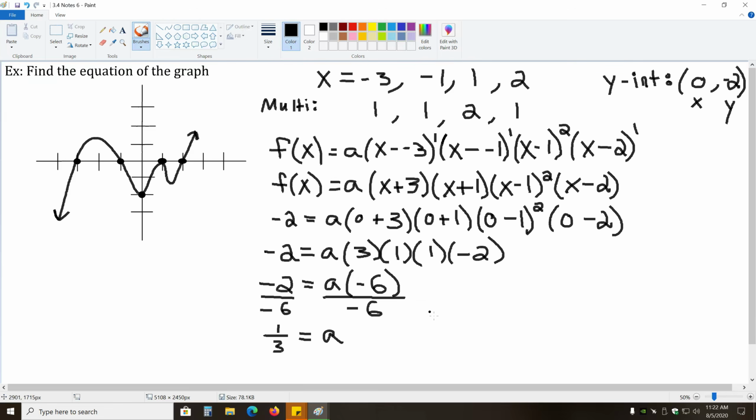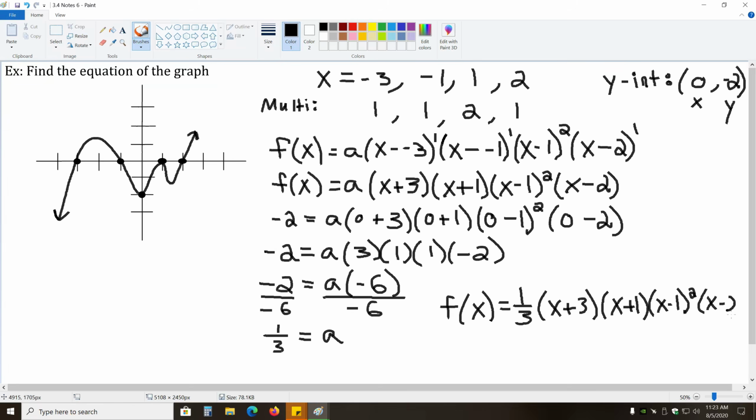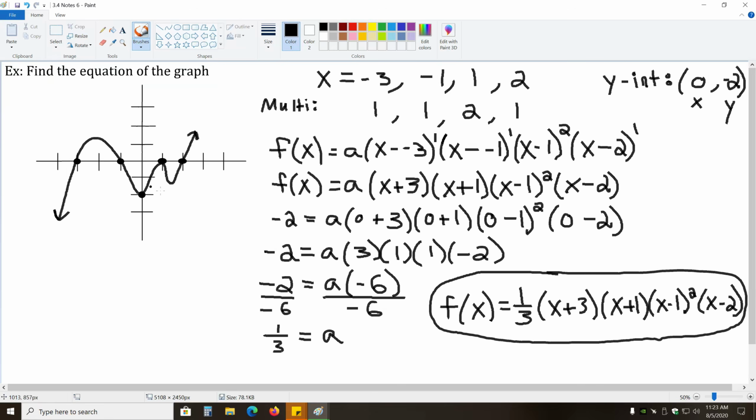So our final answer is f of x equals 1/3 times (x plus 3) times (x plus 1) times (x minus 1) squared times (x minus 2). And that is the polynomial function that represents this graph.